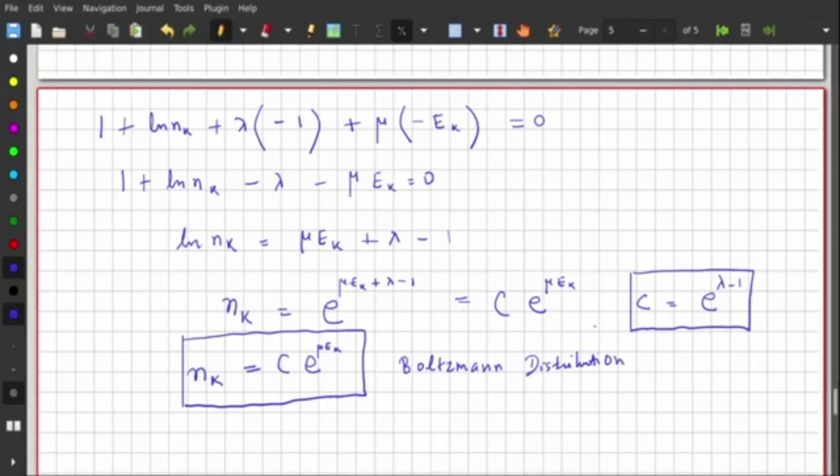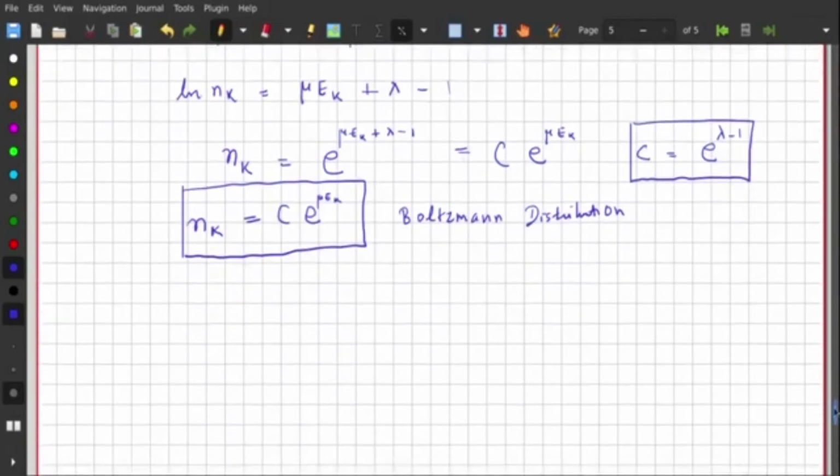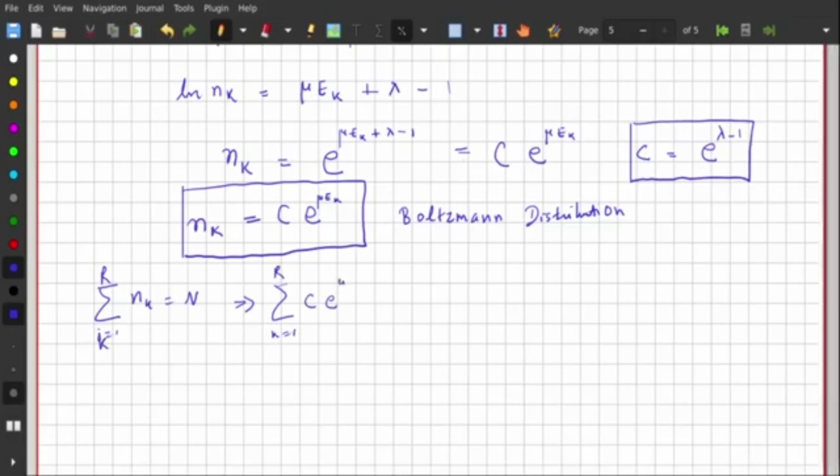The constants mu and C could be evaluated from the constraints that the sum over i equals 1 to r of n_i is N. Using this n_k, this becomes the sum over k equals 1 to r of C e to the power mu e_k equals N. And similarly for the energy, the sum over k equals 1 to r of e_k C e to the power mu e_k equals the total energy.